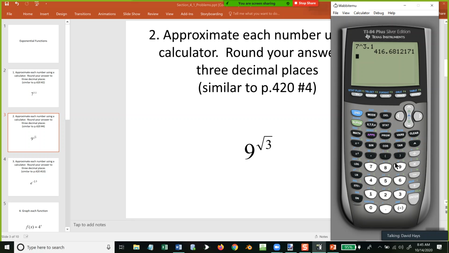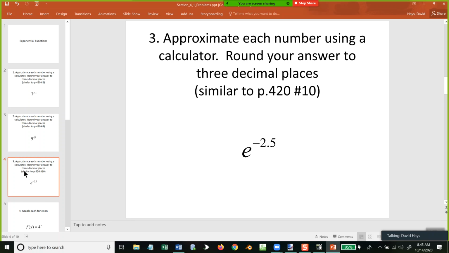Same instructions here, 9 to the power of square root of 3, so 9 caret square root of 3. And rounded to 3 decimal places would give us 44.957. Now, if you have any trouble with any of these, then let me know. But otherwise, I'll go through them fairly fast because they're easy.